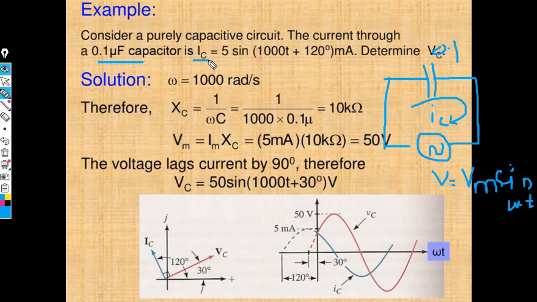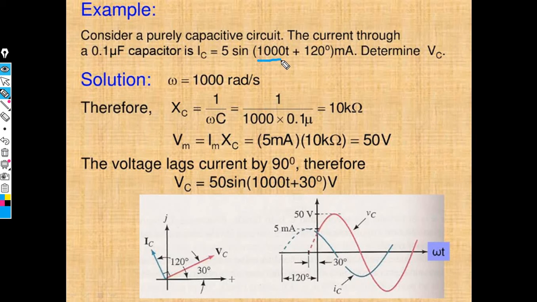Then we have to calculate the capacitor voltage Vc. Here, given IC is equal to 5 sin(1000 t + 120) milliampere, then we have to calculate VC. Now here the given data is there.